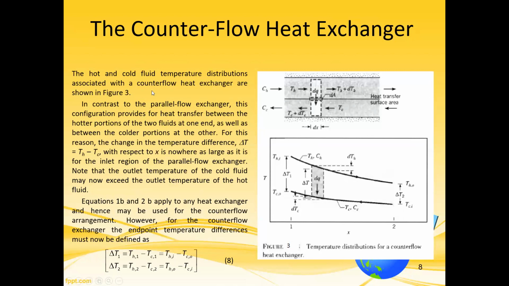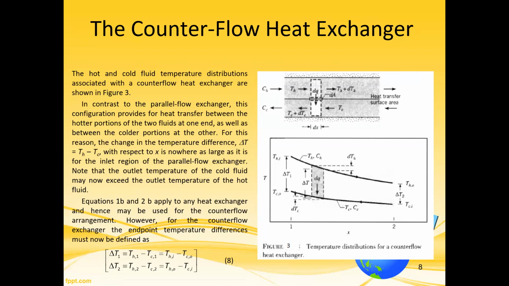In contrast to the parallel flow exchanger, this configuration provides for heat transfer between the hotter portion of the two fluids at one end, as well as between the colder portion at the other.